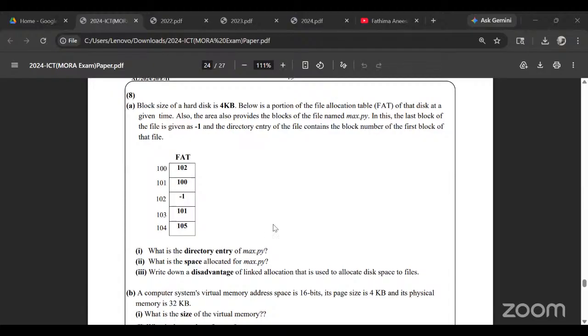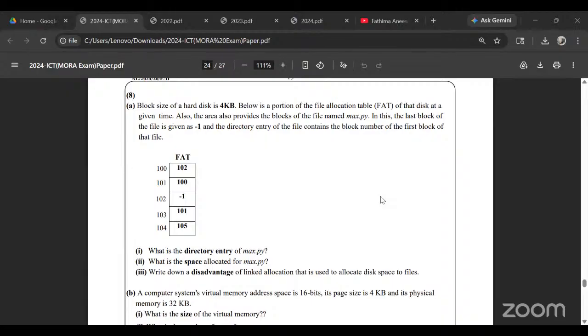So before that, what is directory entry? Someone? What is directory entry in memory management? Yeah, okay, Nasrullah.